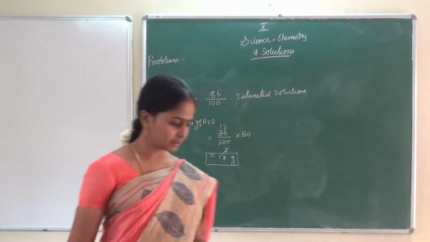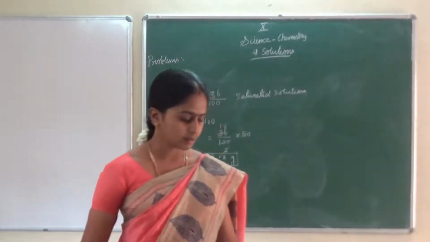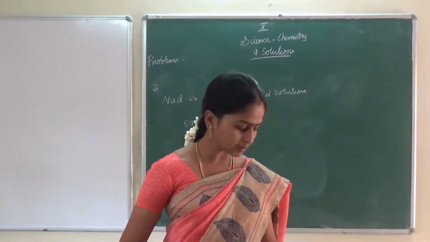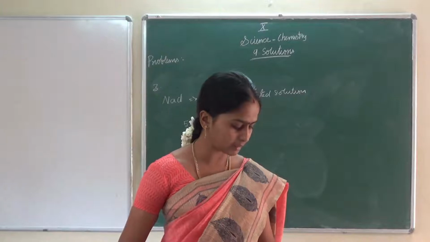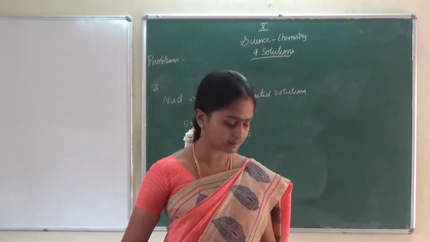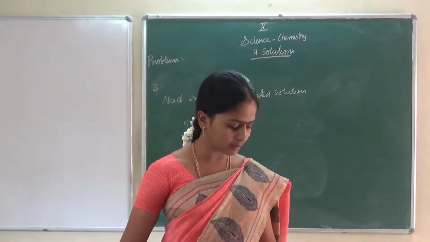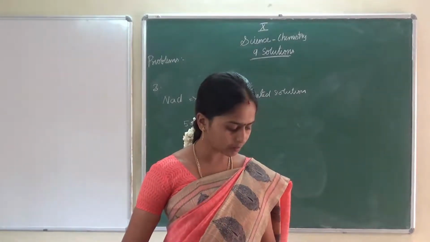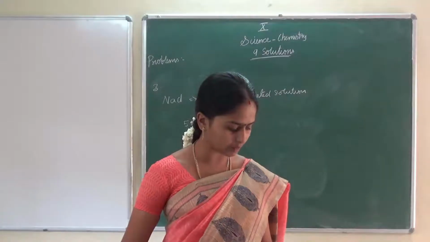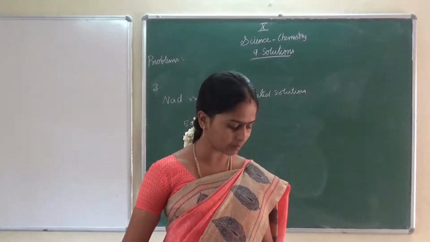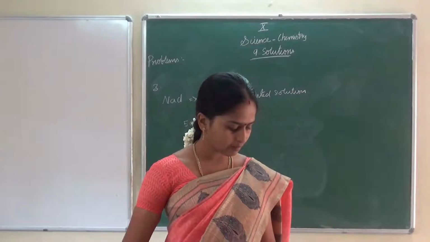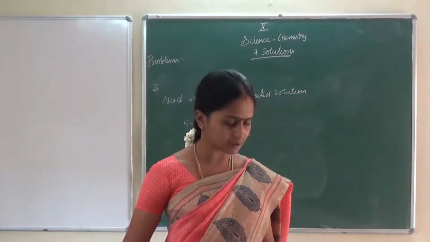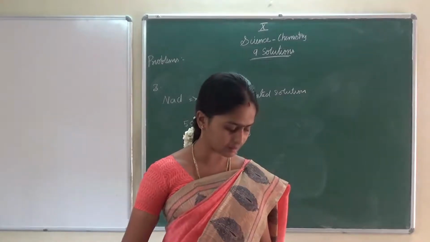Next we are going to see the fourth sum. Just look at the fourth sum. The solubility of sodium nitrate at 50 degrees Celsius and 30 degrees Celsius is 114 gram and 96 gram respectively. Find the amount of salt that will be thrown out when a saturated solution of sodium nitrate containing 50 gram of water is cooled from 50 degrees Celsius to 30 degrees Celsius.